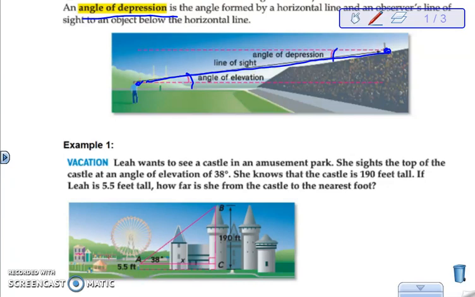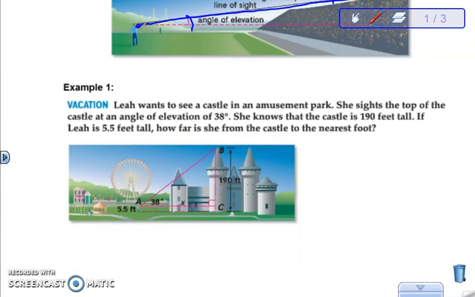And since our horizontal lines are parallel, those alternate interior angles will be congruent. So if you always place your elevation and depression angles on the horizontal side, it doesn't matter whether you end up drawing the triangle upside down or whether you're drawing it correctly.